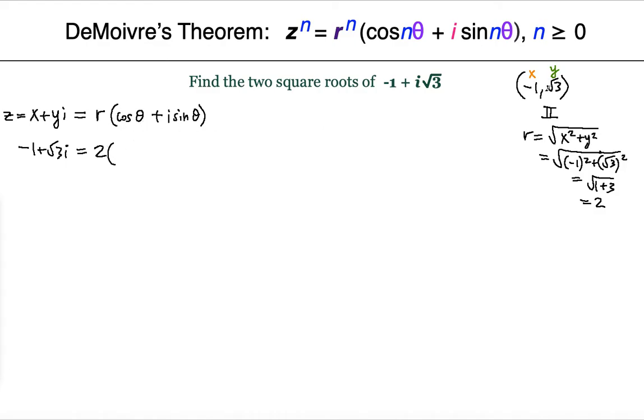Now, as we mentioned before, this point is in quadrant 2, and to find the angle theta, you just have to find the arctangent of the quotient of y and x. Y is equal to radical 3, x is equal to -1, so radical 3 over -1.